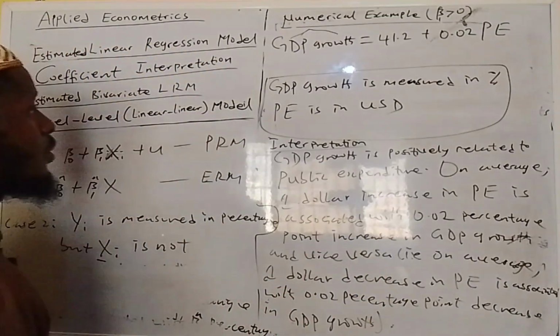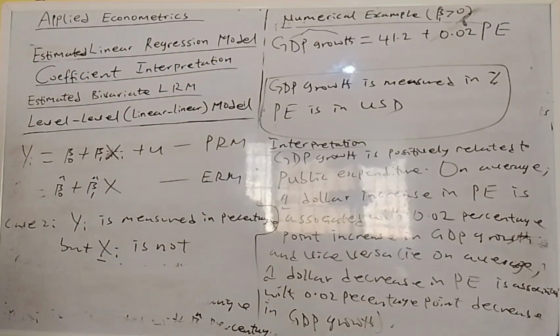This is the interpretation where we have beta 1, the coefficient of the independent variable, greater than 0, that is being positive.